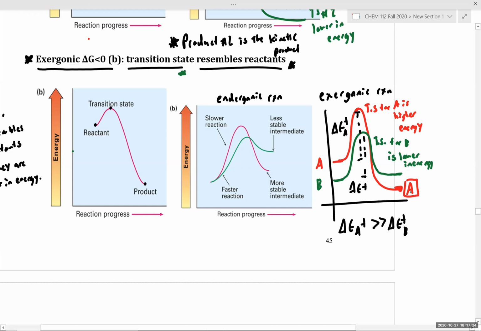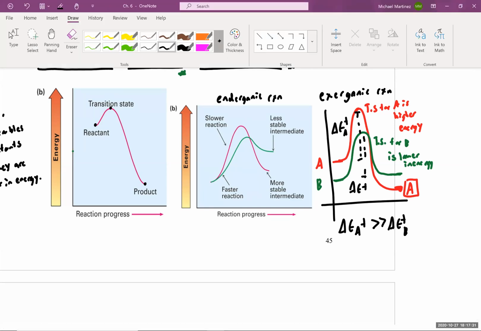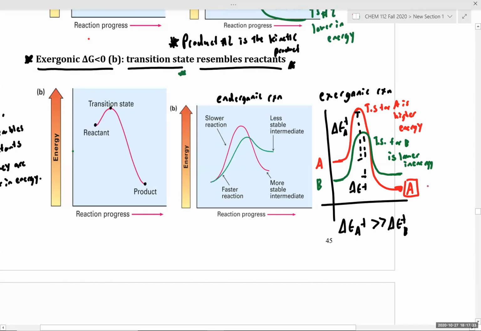However, even though A is not favored kinetically, what do we call the product that is lower in energy? So A is the thermodynamic product.